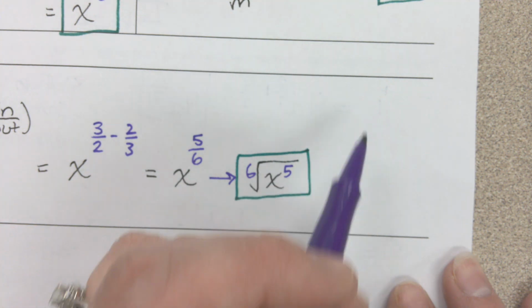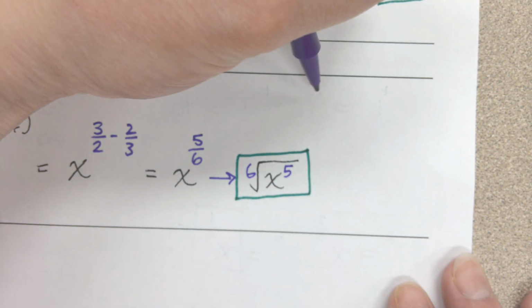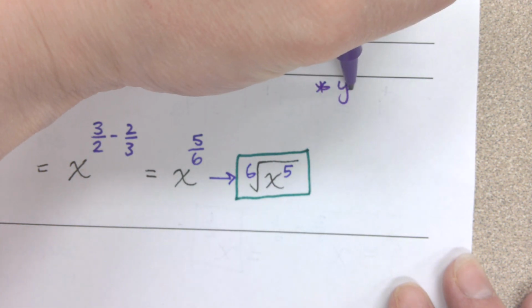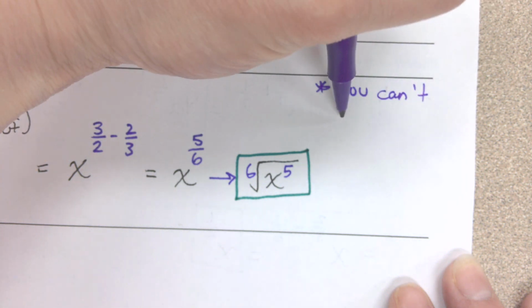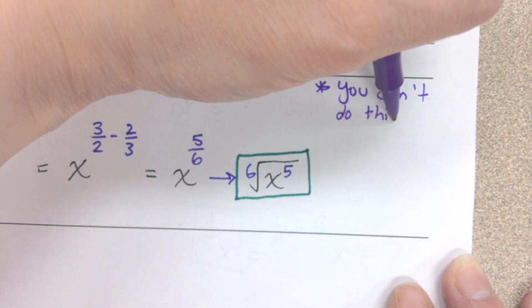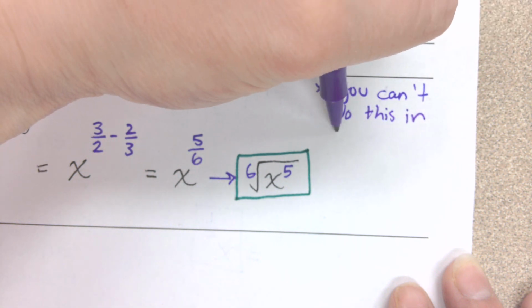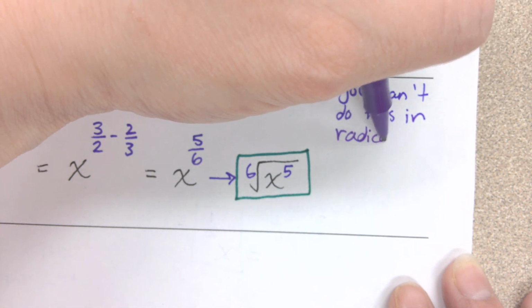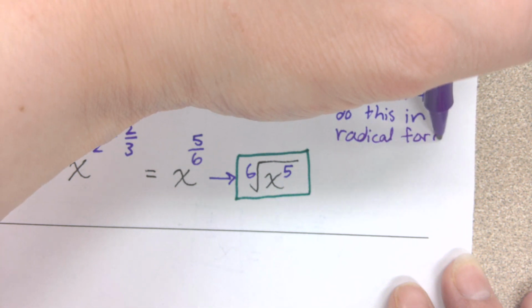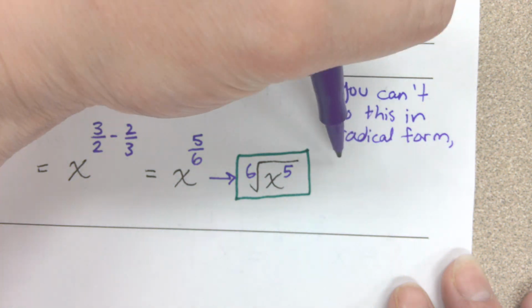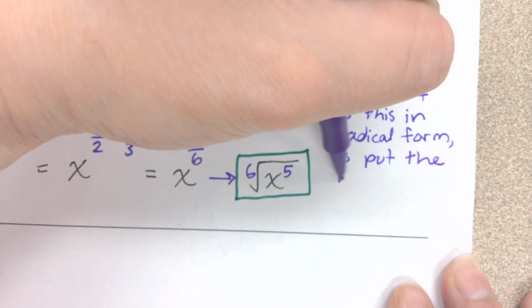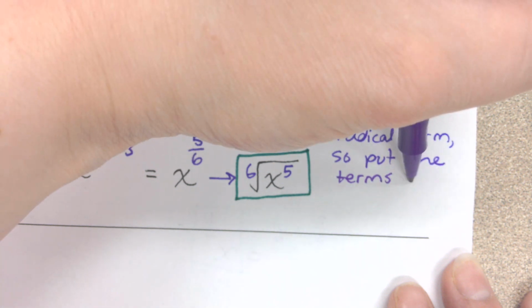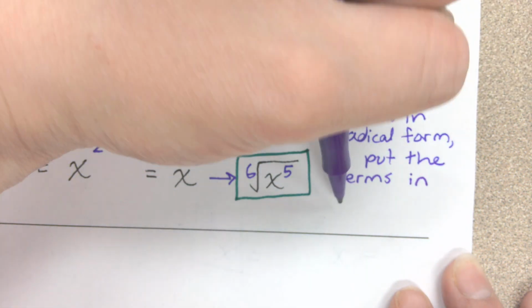Again, I'm going to make a note here explaining what I did. You can't do this in radical form. So put the terms in exponential form.